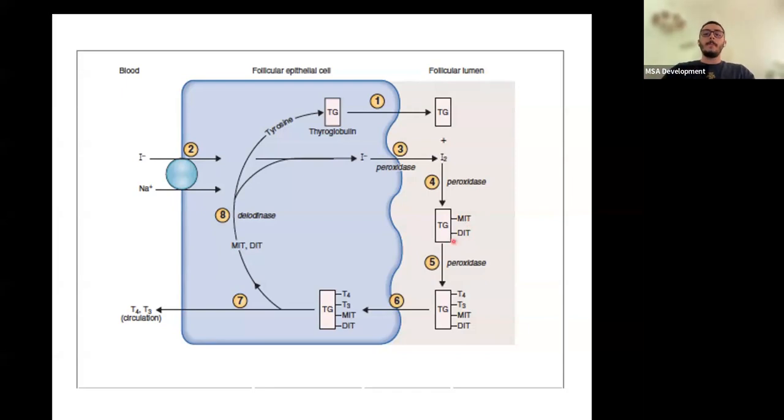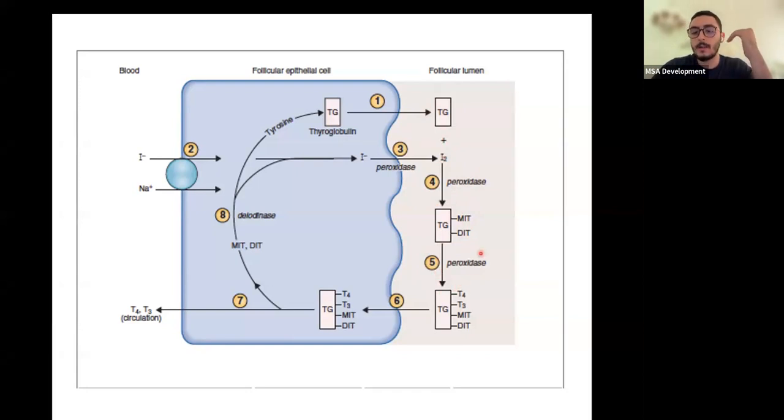The fourth step, which is called organification, is carried out by peroxidase, which adds the oxidized iodine to the tyrosine on the thyroglobulin, forming MIT and DIT. The fifth step is called coupling. What is coupling?